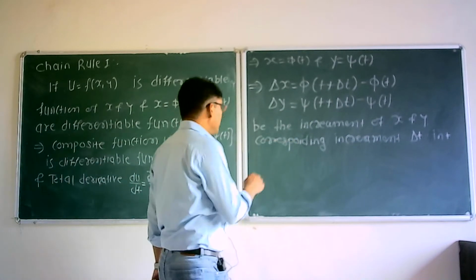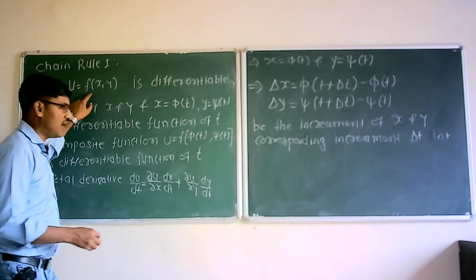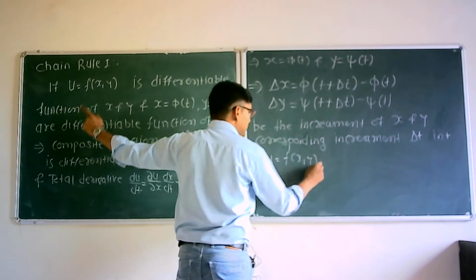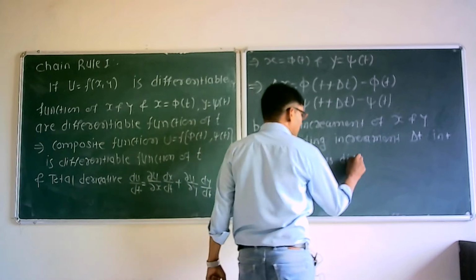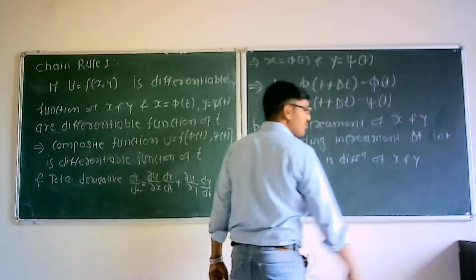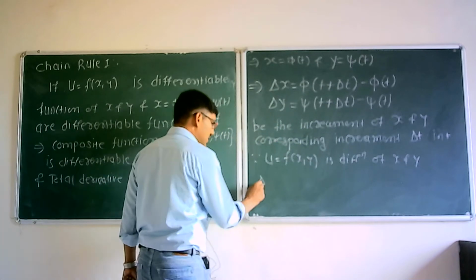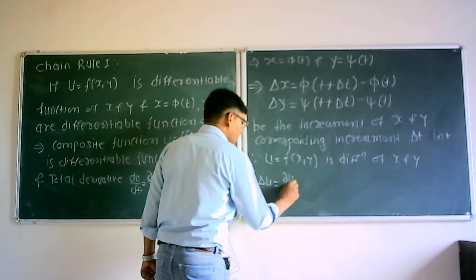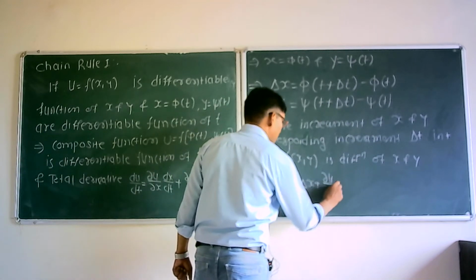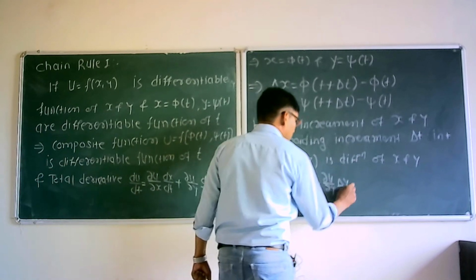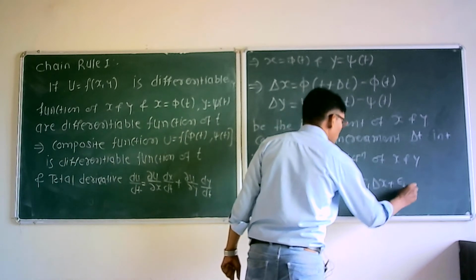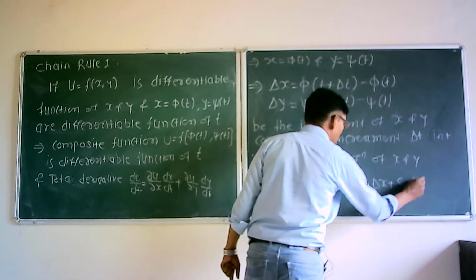So again, what is given? u is equal to f of x, y. Since u is a differentiable function of x and y, this implies our increment function delta u can be written as del u by del x into delta x plus del u by del y into delta y plus epsilon 1 delta x plus epsilon 2 delta y.